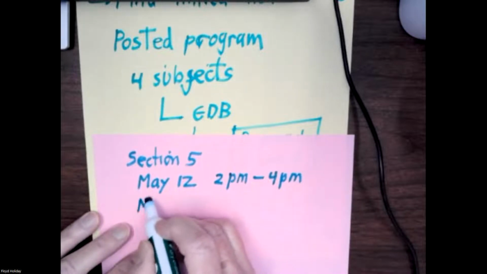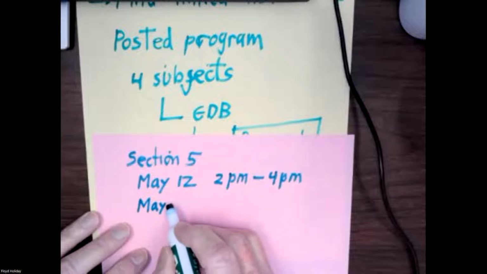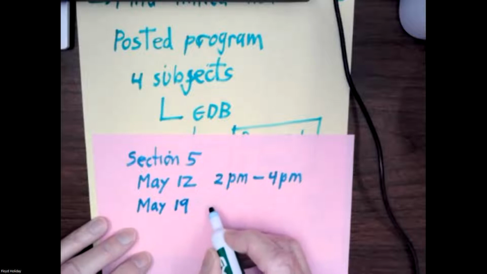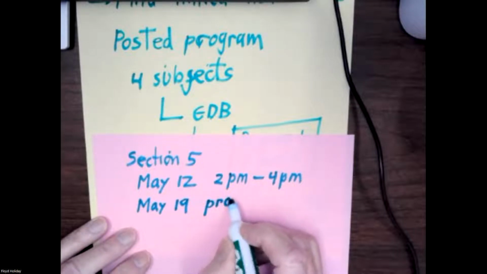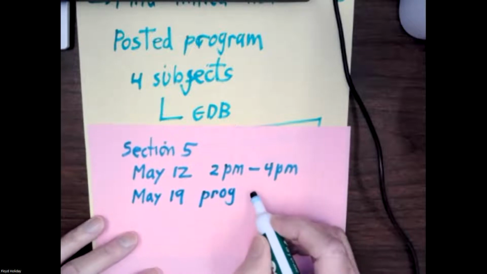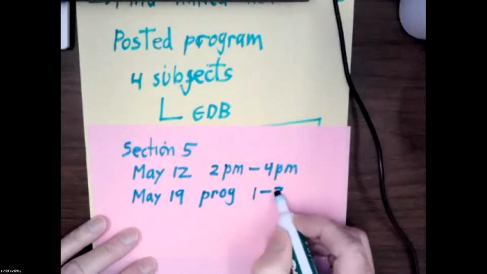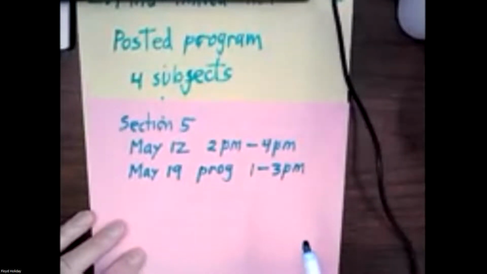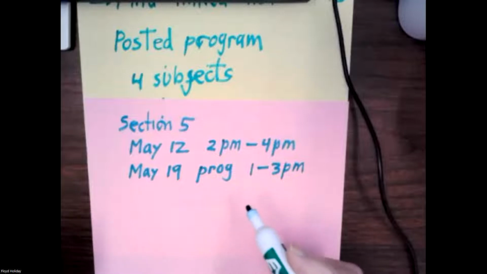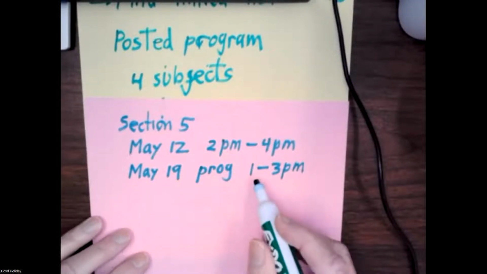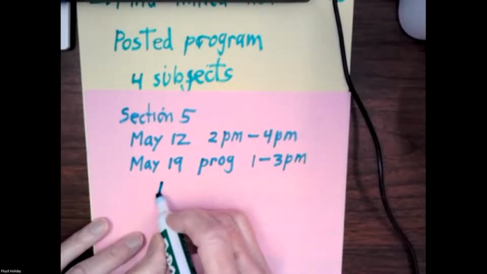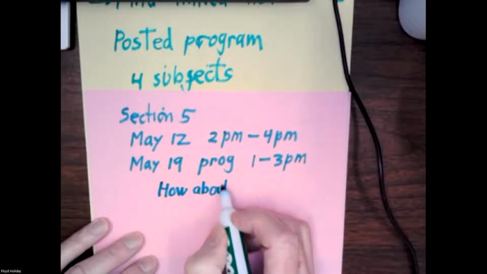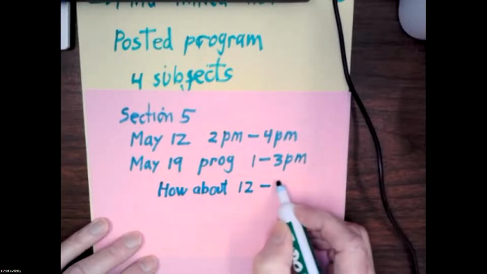That's not a problem. May 19, 7 days later, 1 week later, this is programming. 1 to 3 p.m. And I'm going to propose, unless somebody says I have a test schedule conflict, why don't we start at 12? How about 12 to 3?